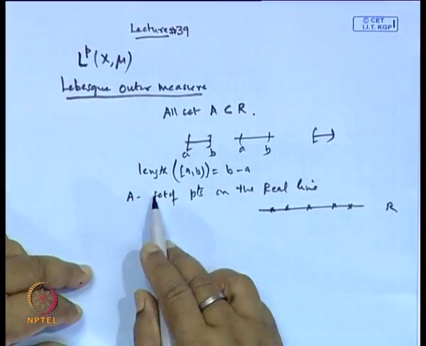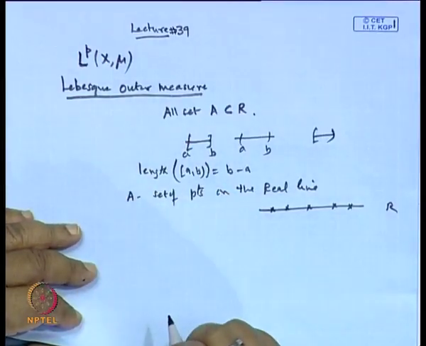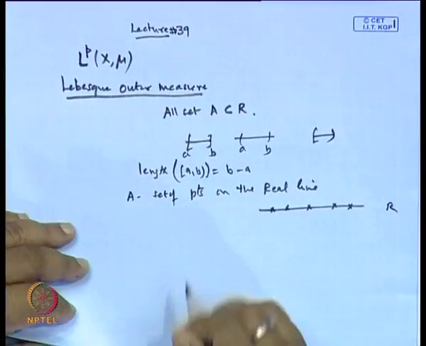So, in order to get the measure of the set A, we first introduce the concept of the Lebesgue outer measure, and then slowly we will go for the measure for this set.